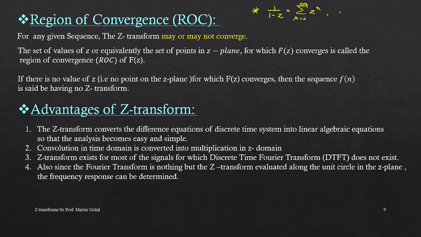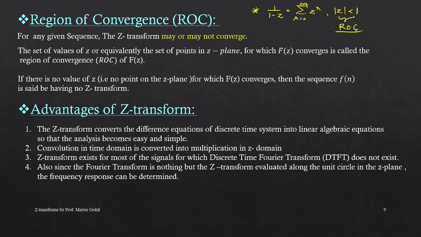The condition said that here we had mod z less than 1, right?